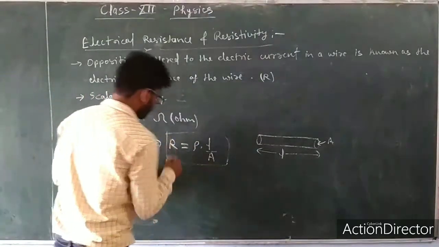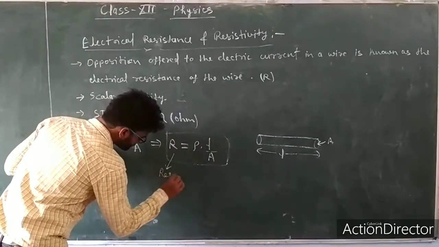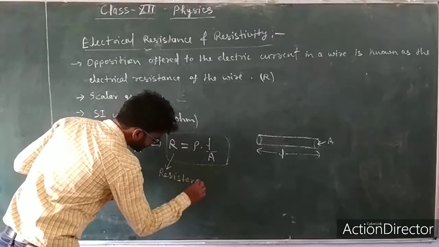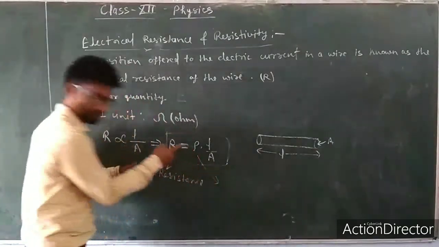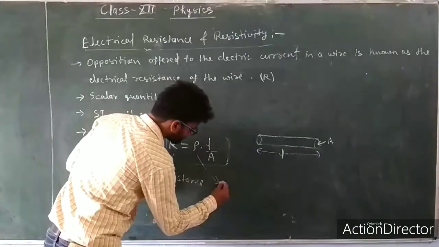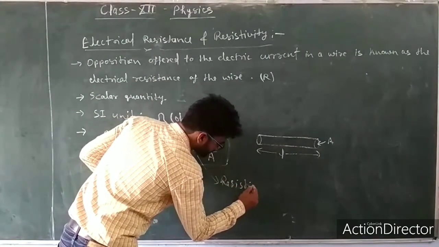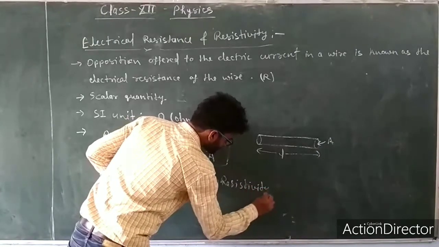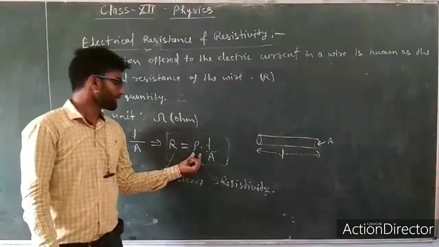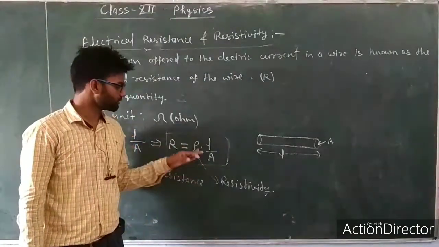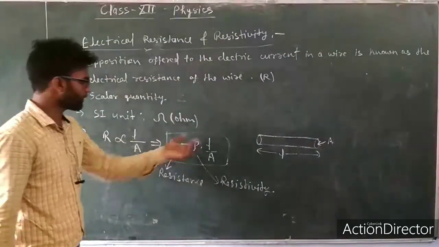R is known as the resistance of the wire, and this rho, this is the symbol of rho, is known as the resistivity of the wire. This is also known as specific resistance. Right? So hopefully this formula will be clear.